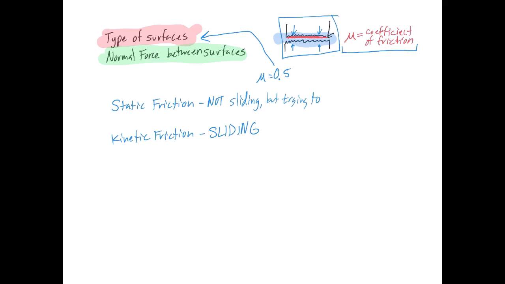Now, this is important because kinetic friction will always be equal to the coefficient of kinetic friction times the normal force. Okay, so it doesn't matter what other forces are in play. It doesn't matter how long you do it. It doesn't matter how fast you're moving. The kinetic friction is going to depend only on the kinetic coefficient of friction and the normal force.